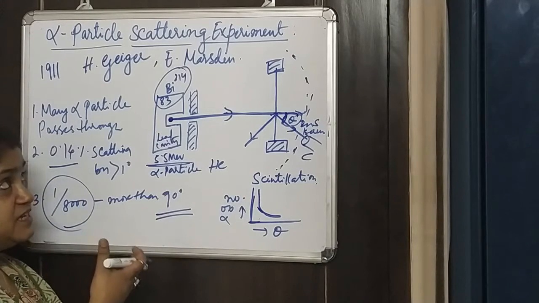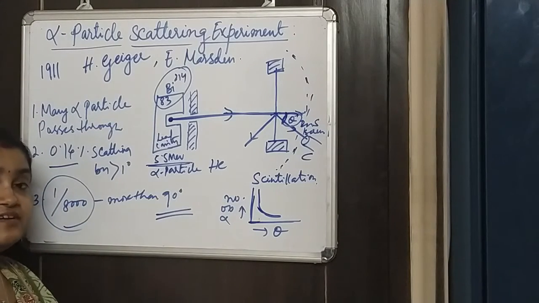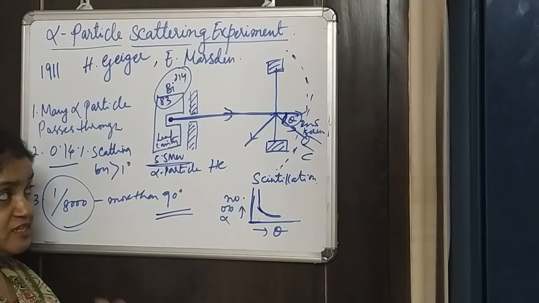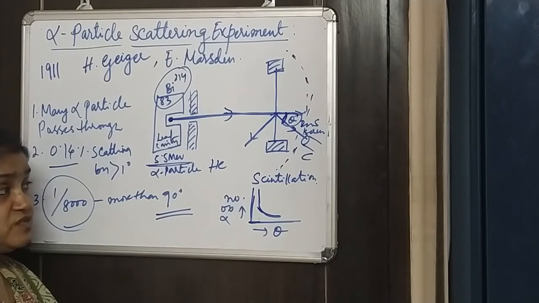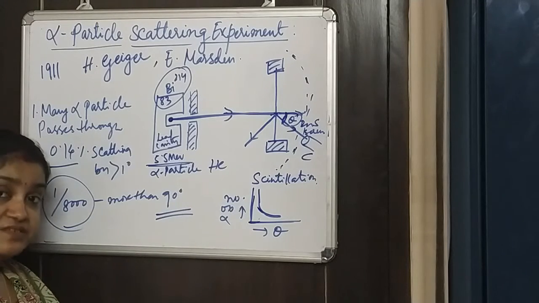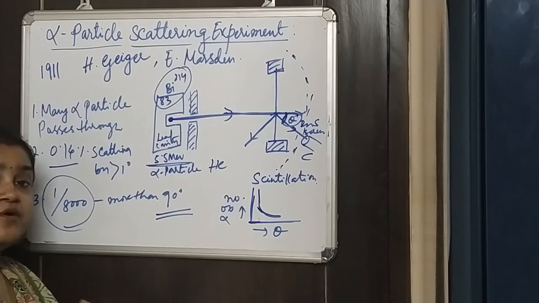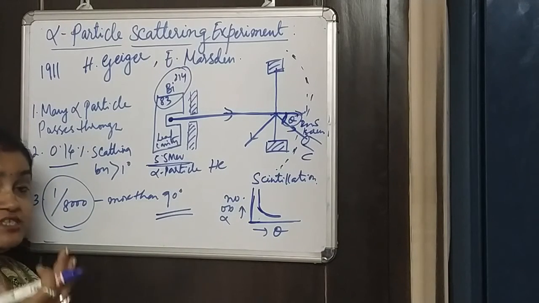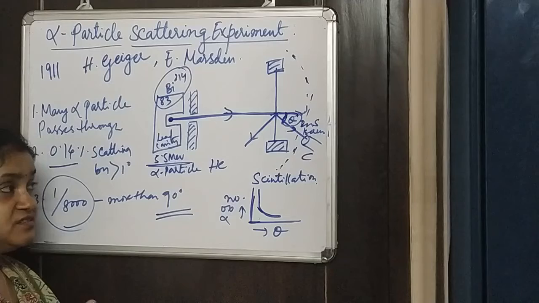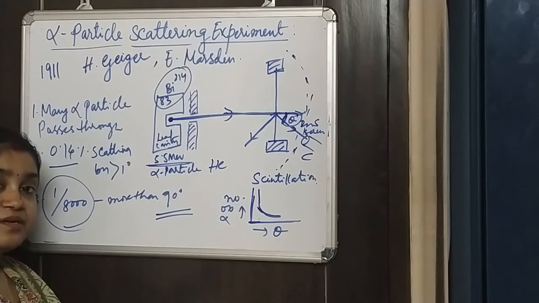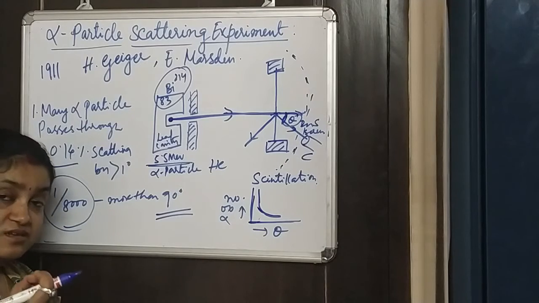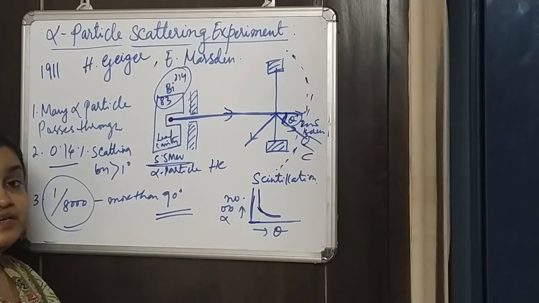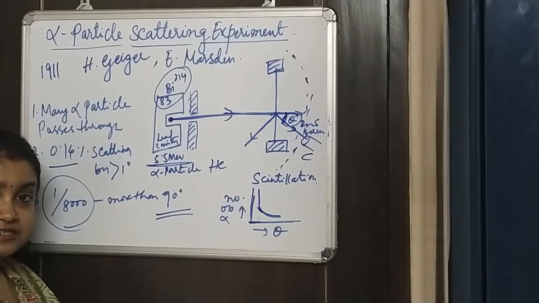Nonetheless, this experiment remains a very important experiment when we study atomic theory as well as nuclear physics, because it gives us the concept of the nucleus inside the atom and all other subatomic particles, and therefore for subatomic studies, this experiment remains very important.